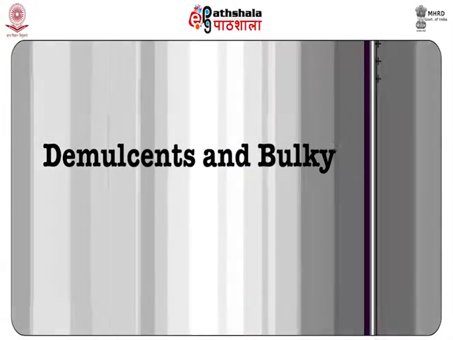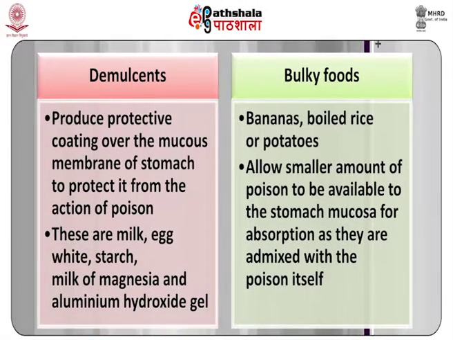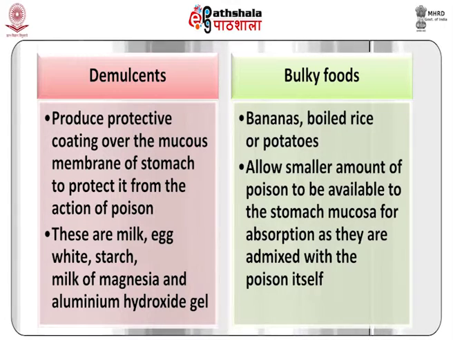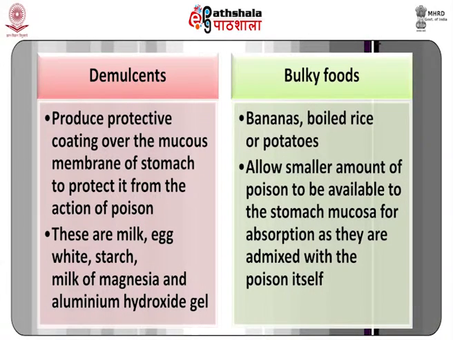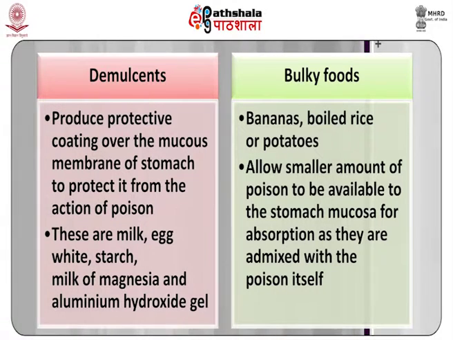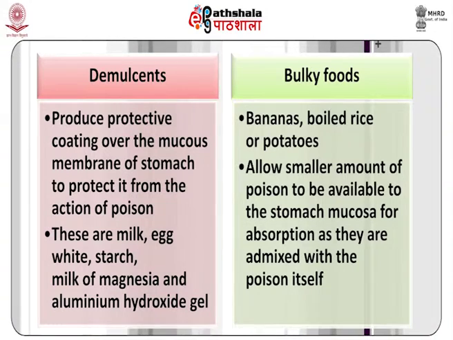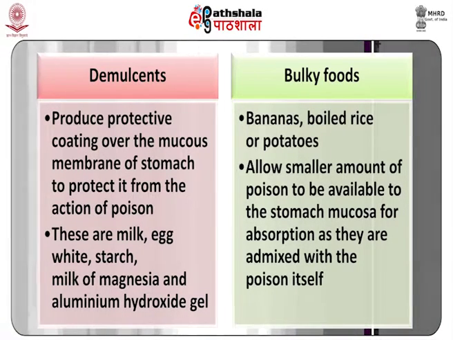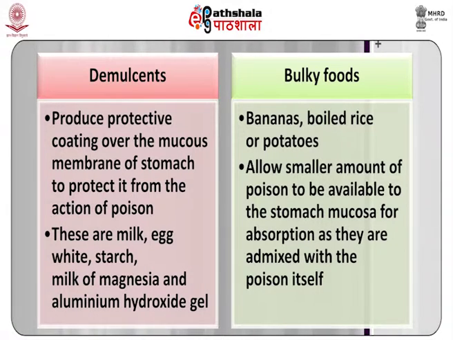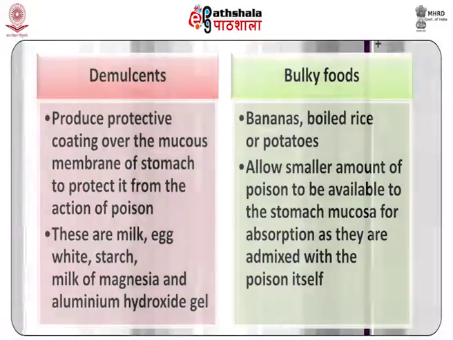Next in line are the demulcents and bulky foods. Demulcents produce a protective coating over the mucous membrane of the stomach to protect it from the action of poison. They are milk, egg white, starch, milk of magnesia and aluminum hydroxide gel. Bulky foods like bananas, boiled rice or potatoes allow a smaller amount of poison to be available to the stomach mucosa for absorption as they are admixed with the poison itself.